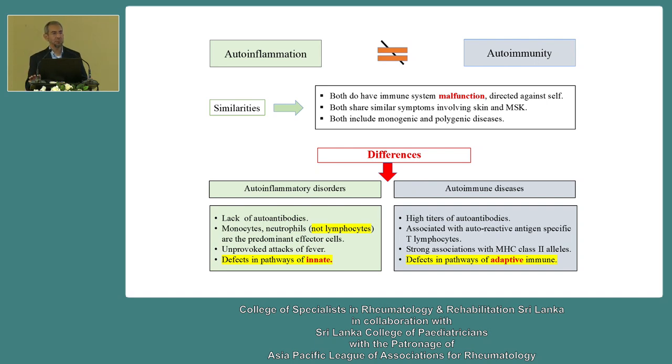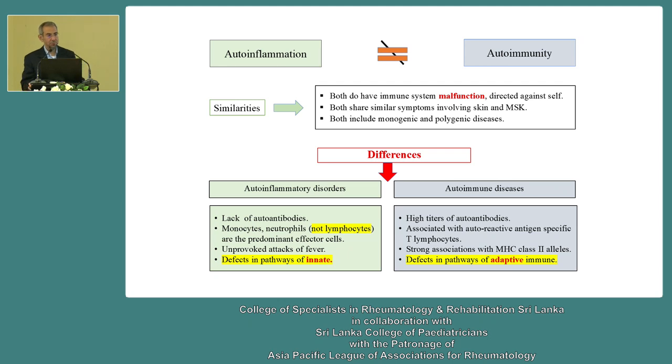So you cannot imagine an SLE patient without autoantibodies. On the other side, FMF, typically they don't have autoantibodies. And in the autoinflammatory disorder, the predominant effector cells are monocytes and neutrophils, while the autoimmune disorders are associated with autoreactive antigen-specific T lymphocytes, B and T lymphocytes.